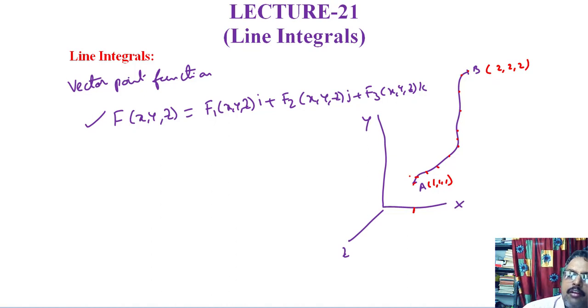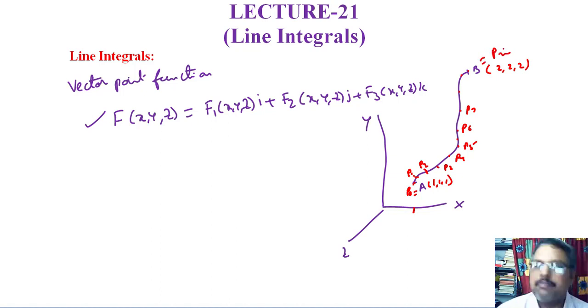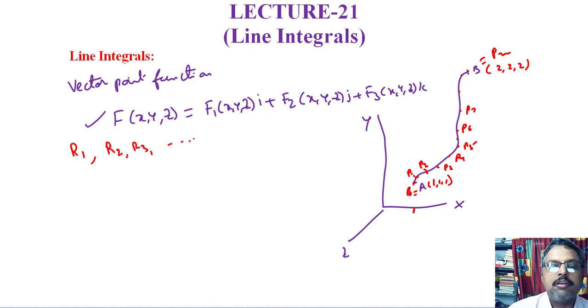Suppose you take n points: the first point is P0, then P1, P2, P3, P4, P5, P6, P7, up to the last point Pn. Actually, we have an infinite number of points, but now I will take n points. If you put the corresponding point in this vector function, you will get some vector. I will call it R1, just for understanding. If you put P1 in this function, you will get R2, R3, and similarly Rn.